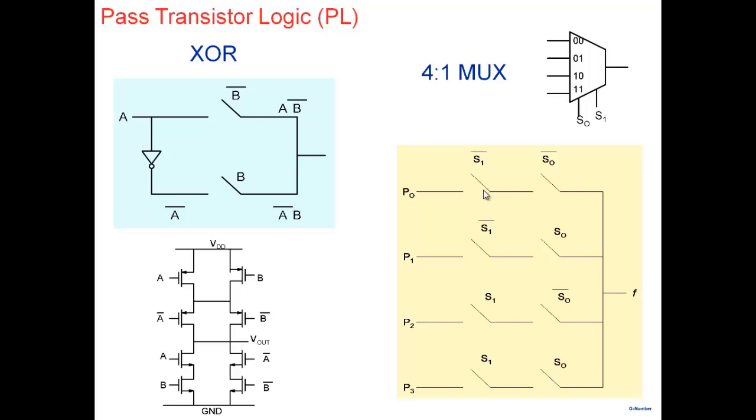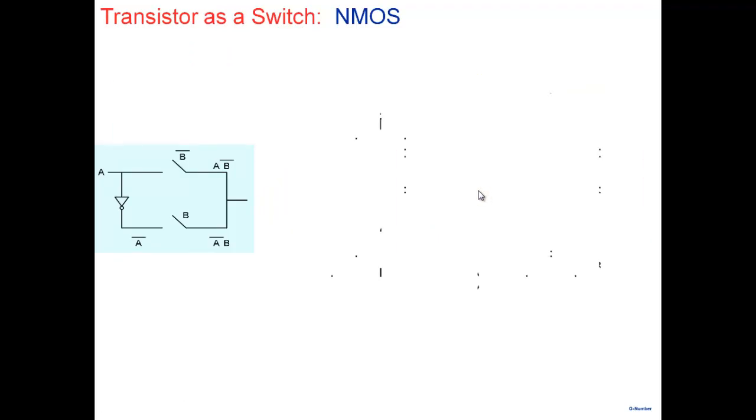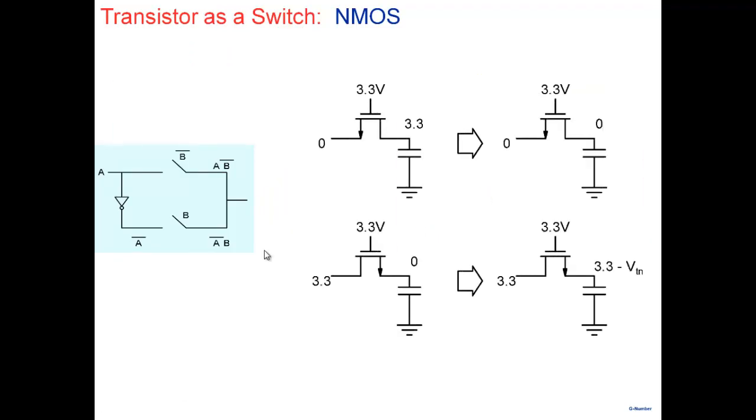So the idea was, why not take these kinds of implementations and implement the switches using transistors here. So the first case is where we try and replace the switch that you see here by an NMOS transistor. And we had a discussion earlier, when we were starting to look at NMOS and PMOS transistors, that the NMOS transistor is pretty good when you want to transmit a 0.